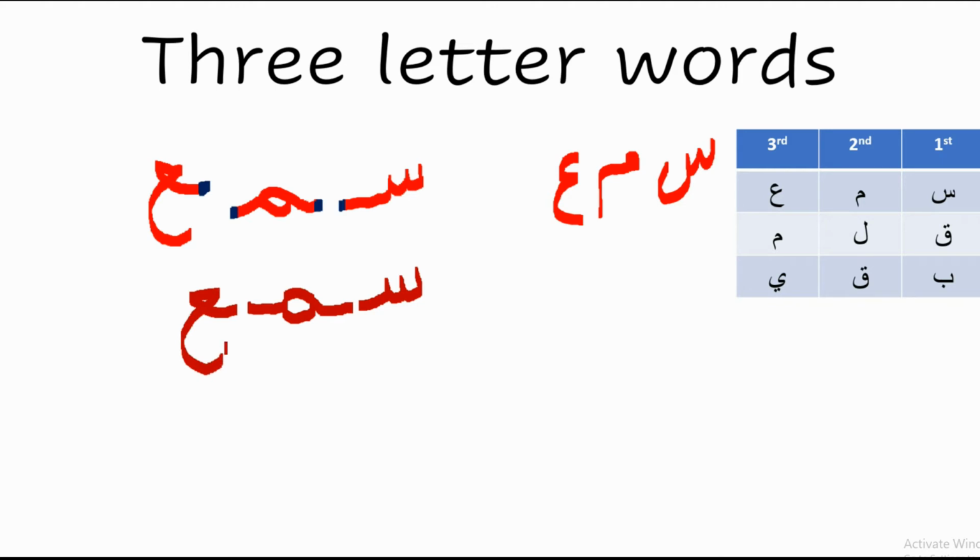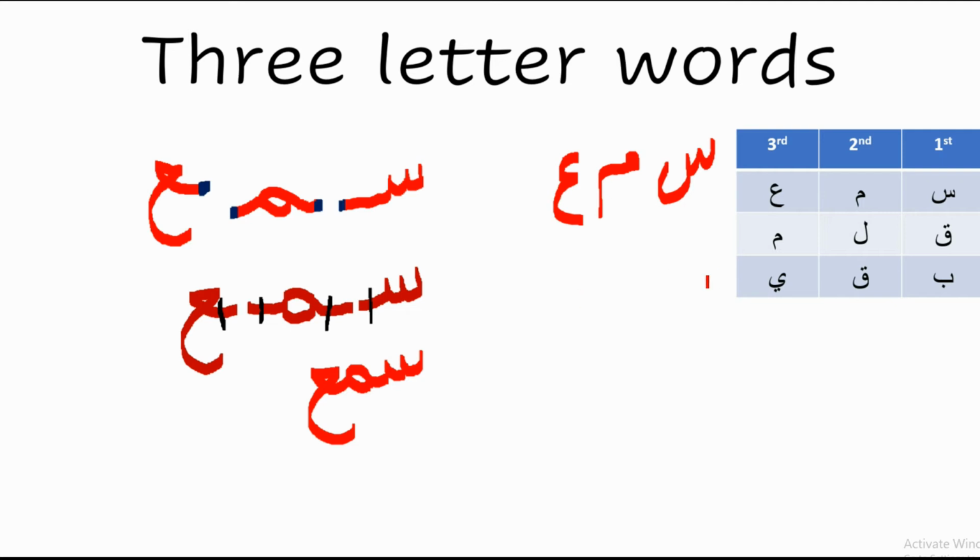Okay, now what we do, we cut these lines shorter and join the word. Okay, let's do it. So this, and this, and then Mim, and then Ain. That's how this is gonna look. Okay, so we're done with Sin, Mim, Ain.